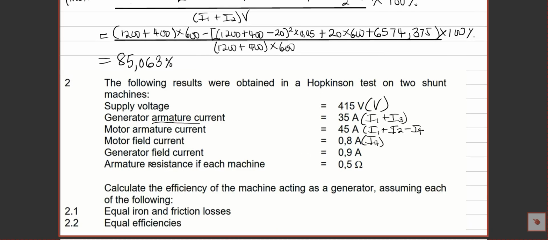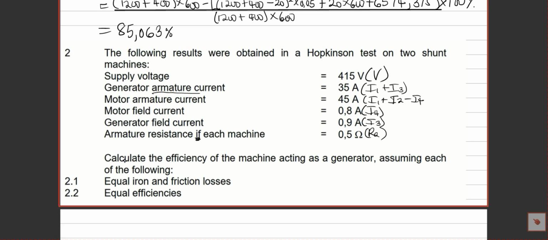We have I3, generator field current. Then armature resistance of each machine, this was a typo here. So here we have RA.